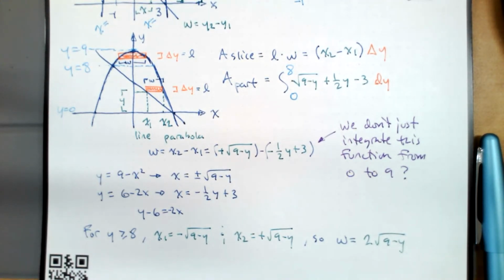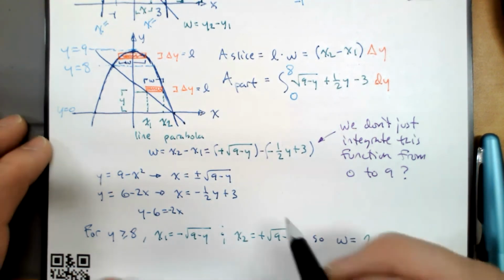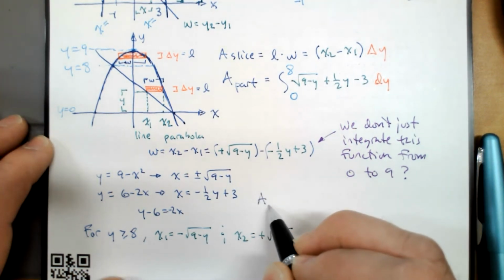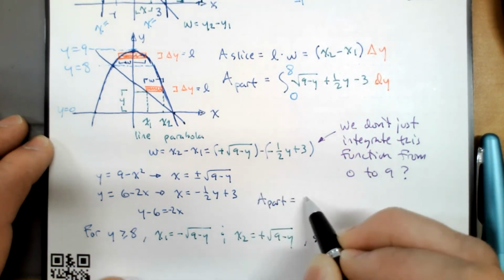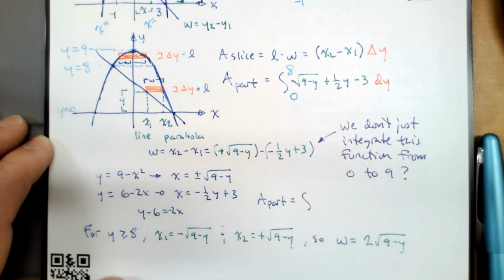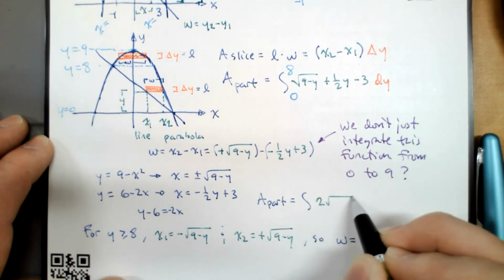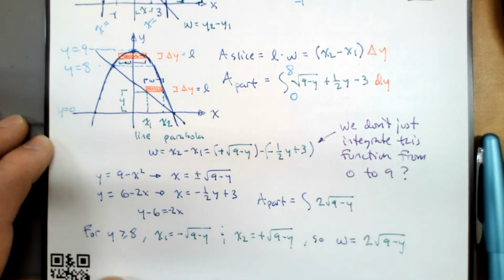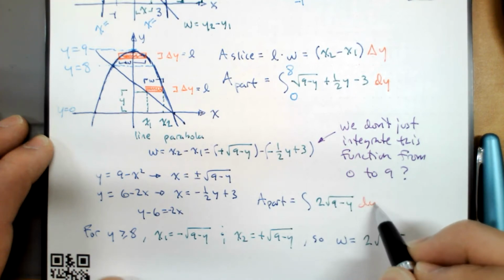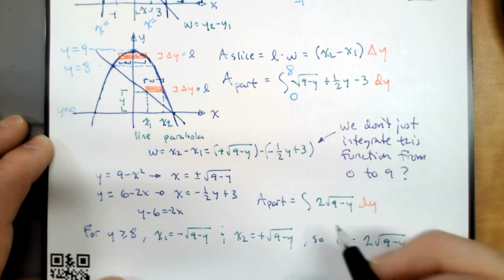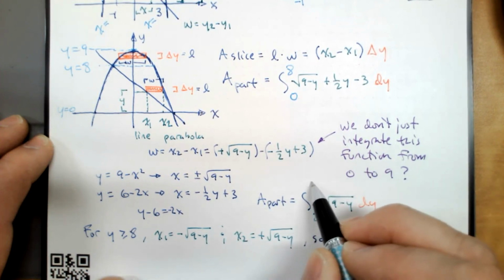So we'll have to have a second integral from 8 to 9. And there, we'll integrate 2 square root of 9 minus y, dy. But we only need to use this definition for the top 1 unit.